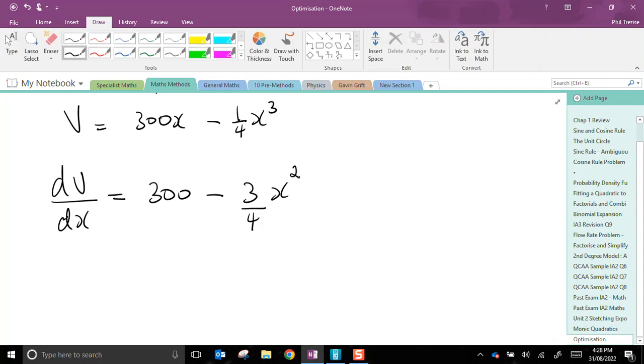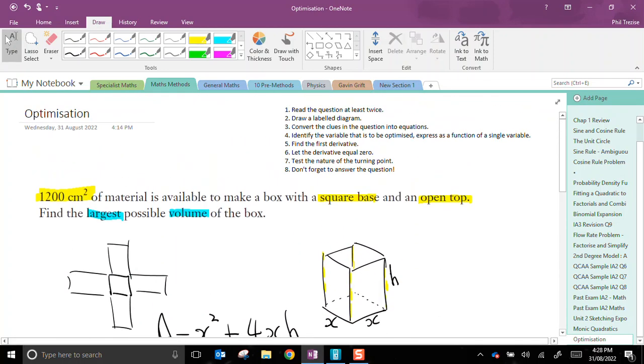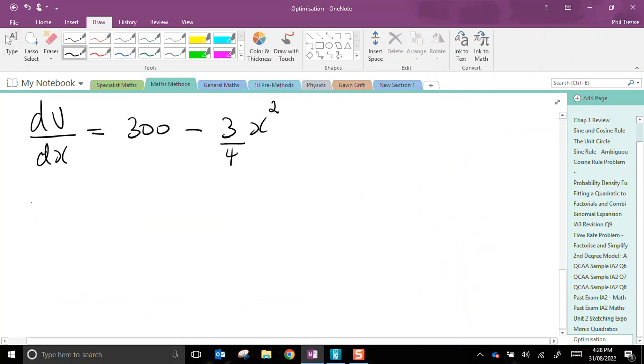And remember, if I want an optimization, I need to find a turning point. And a turning point is where the tangent would be horizontal. Derivative 0. Here we come. We've got a derivative. We let dV/dx equal 0.